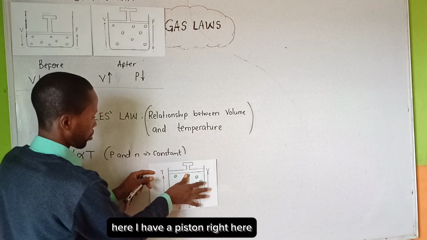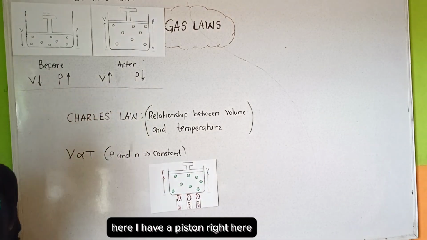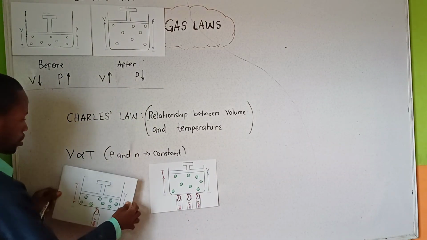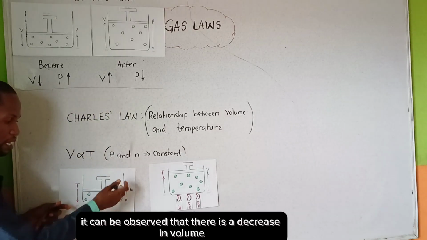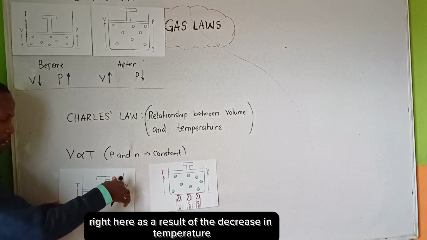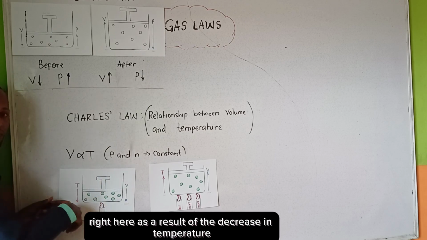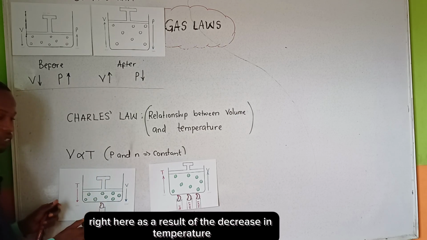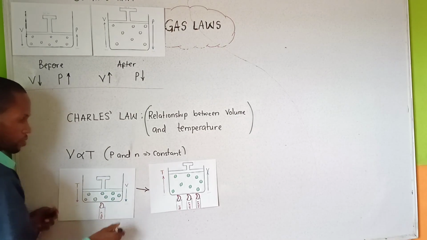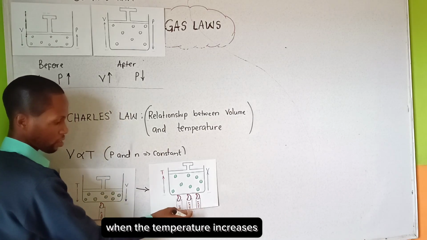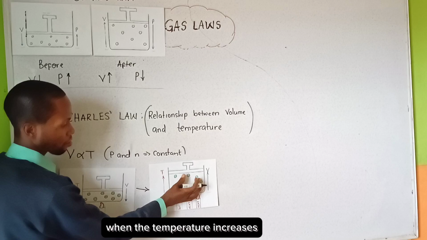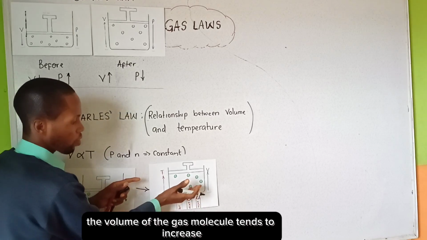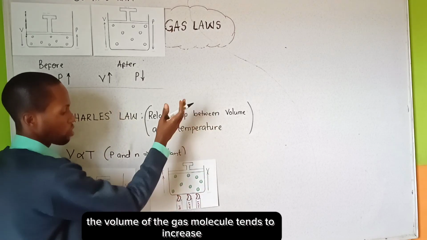I have a piston right here, and it can be observed that there is a decrease in volume as a result of the decrease in temperature. When the temperature increases, considering the heat source right here, the volume of the gas molecules tends to increase.